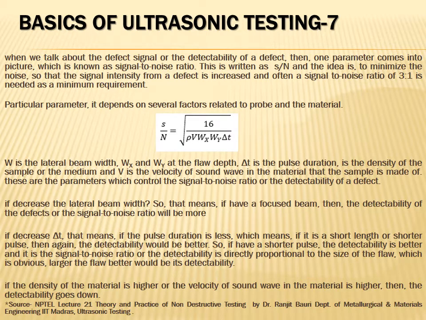And if the density of the material is higher, or the velocity of sound wave in the material is higher, then the detectability goes down. These are the main parameters on which detectability depends, and how we control the signal to noise will control the detectability of a particular flaw.